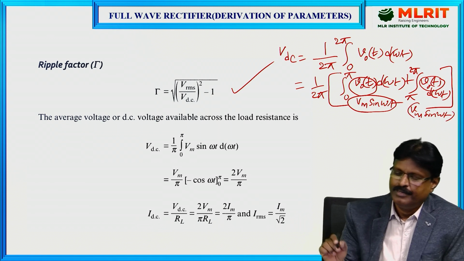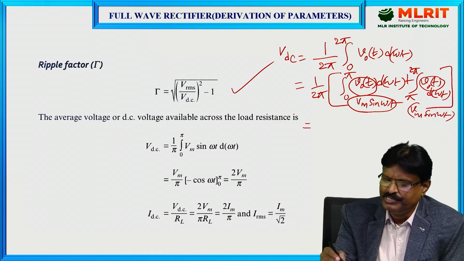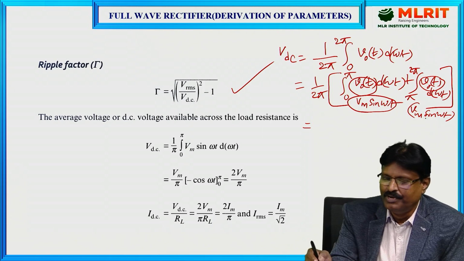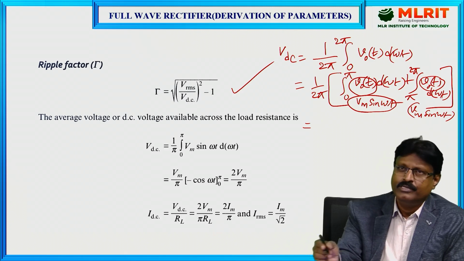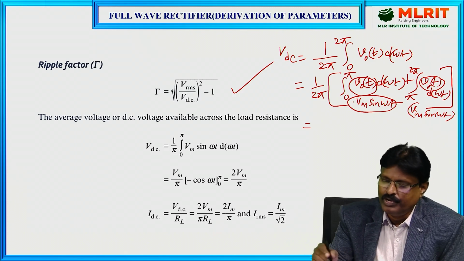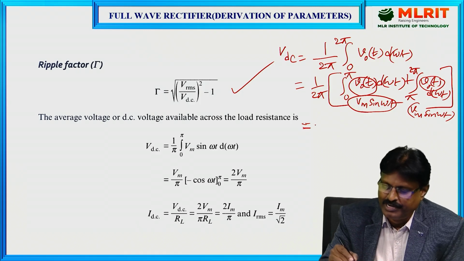So I am writing the equation like this: integral 0 to pi Vm sin omega t d of omega t plus integral pi to 2 pi Vm sin omega t d of omega t. The same value is defined for the two integral parts, 0 to pi and pi to 2 pi.